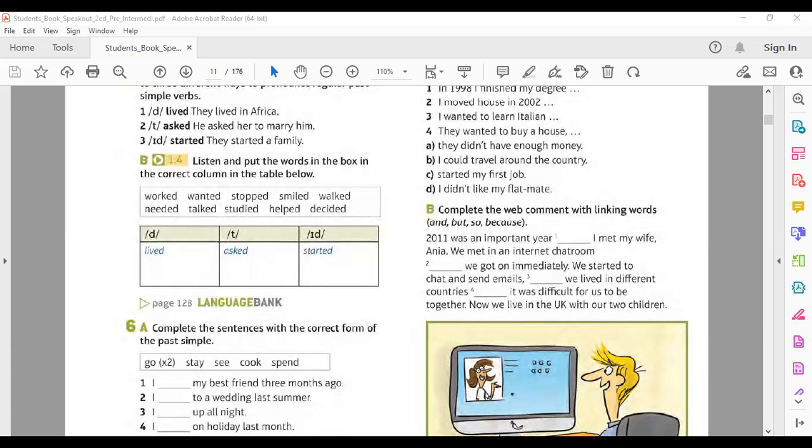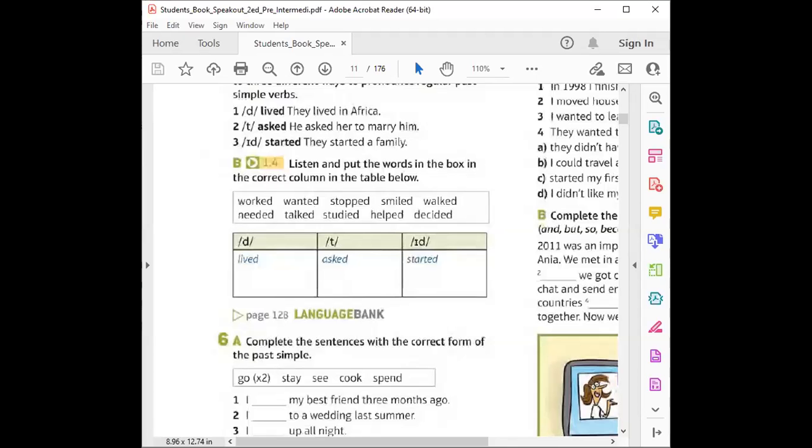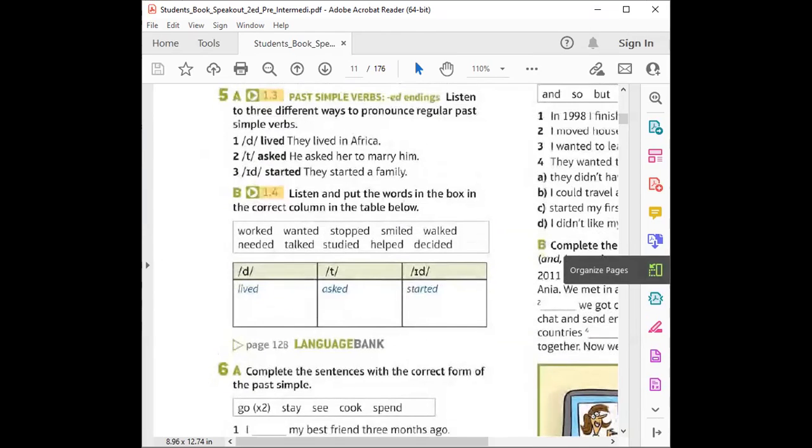Unit 1, Recording 4. Worked. Wanted. Stopped. Smiled. Walked.